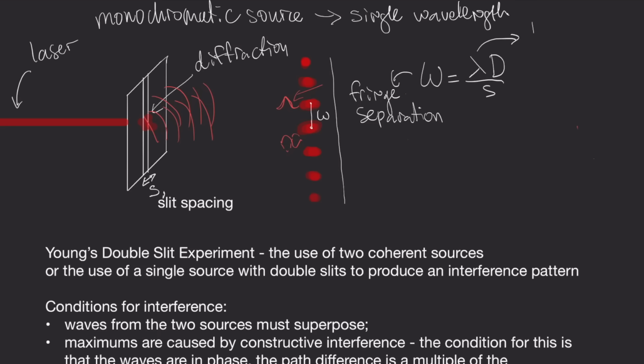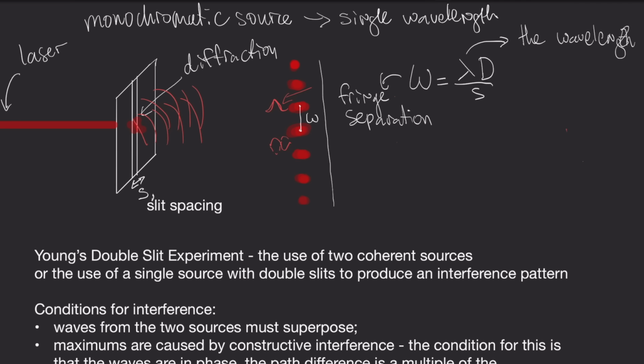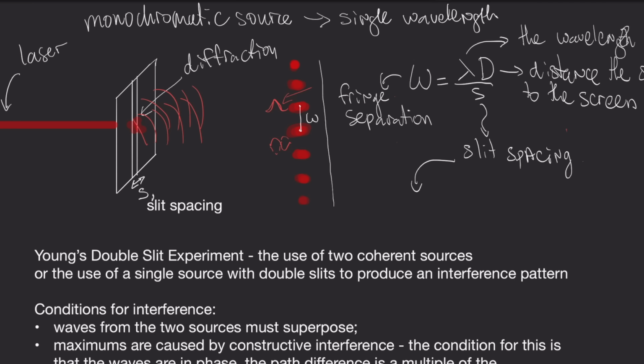Lambda is the wavelength of light. The distance D is the distance from the slits to the screen, and s is the slit spacing. This here is usually measured with a traveling microscope, if that ever appears on a question.